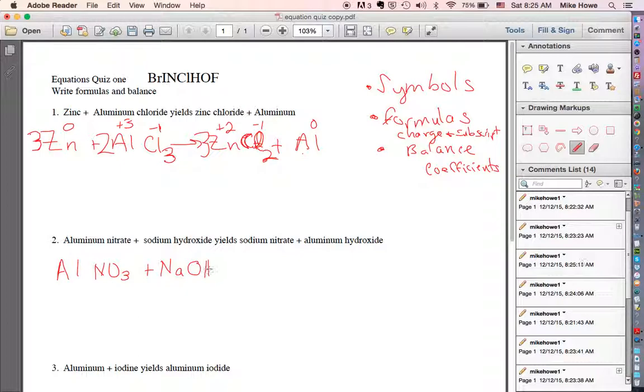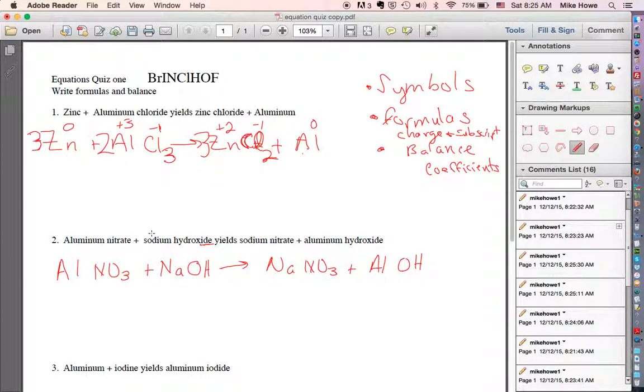Remember, there are only like 3 of those, cyanide, hydroxide, and peroxide, but that IDE usually means a single element, but for hydroxide, it is a polyatomic ion. Yields sodium and nitrate, NaNO3, plus aluminum and hydroxide. So they're just changing partners like in our lab that we worked on. So the aluminum went where the Na was, and the Na went where the aluminum was.